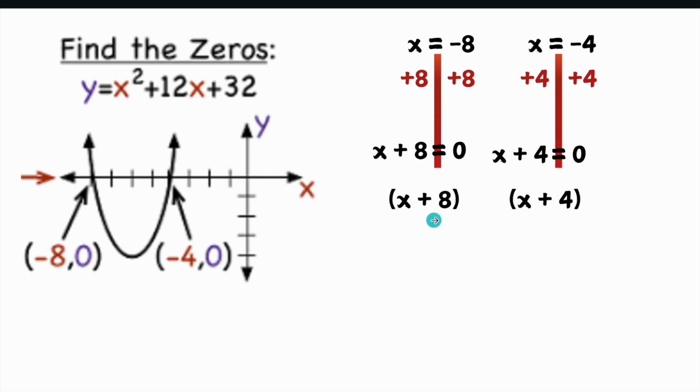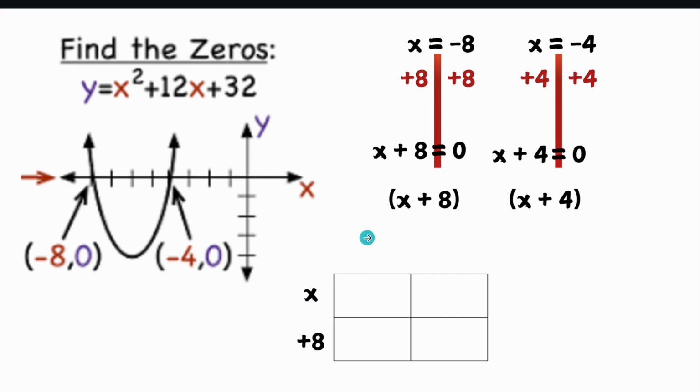So what I'm saying is that this quadratic function is going to be equal to x plus 8 times x plus 4. How do we do that? Using our box method or lattice method. So I have x plus 8 multiplying x plus 4.